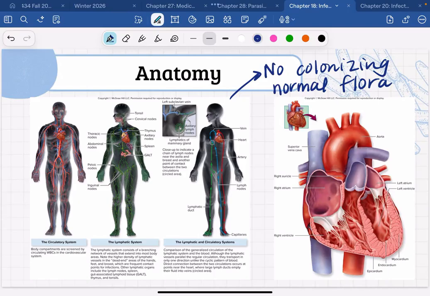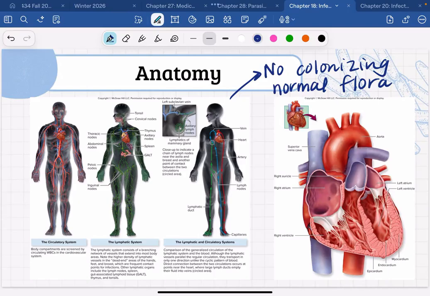It's not the same as getting an infection in your lungs. If you get an infection in your lungs, it's usually going to stay there. But if a bacteria manages to get into your bloodstream, it quickly causes what we call a systemic infection.